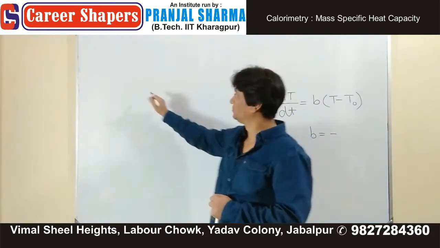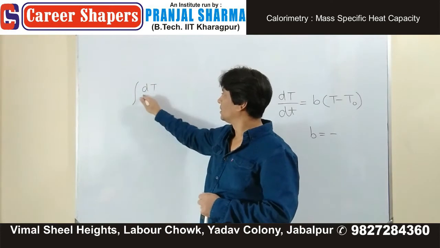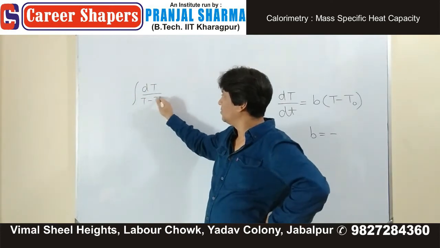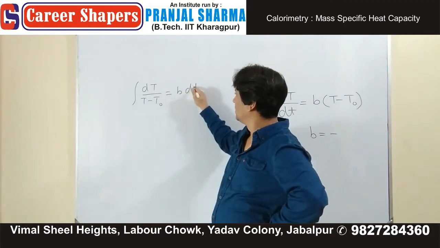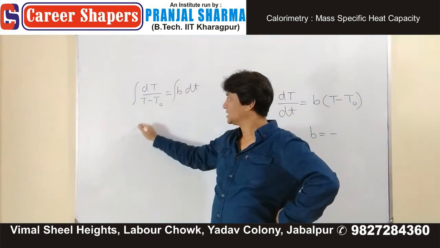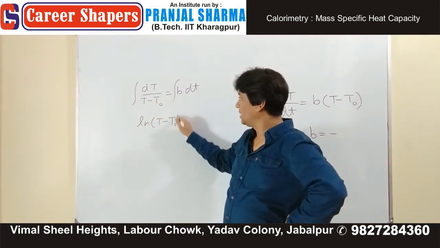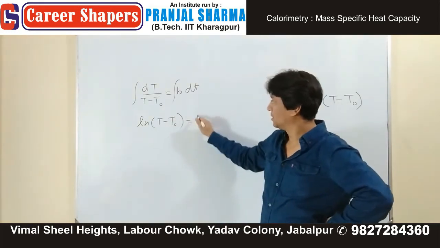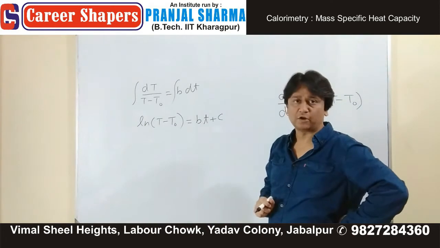Look here. This is dT upon T minus T naught, which is b dt. Its integration is what? Log of T minus T naught equals bt plus constant of integration c.